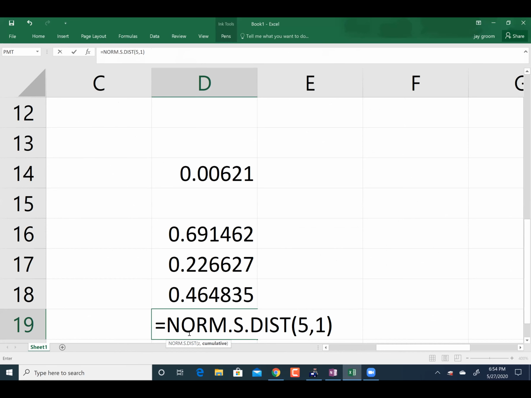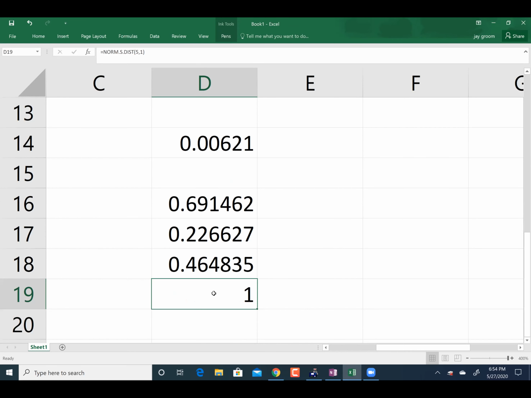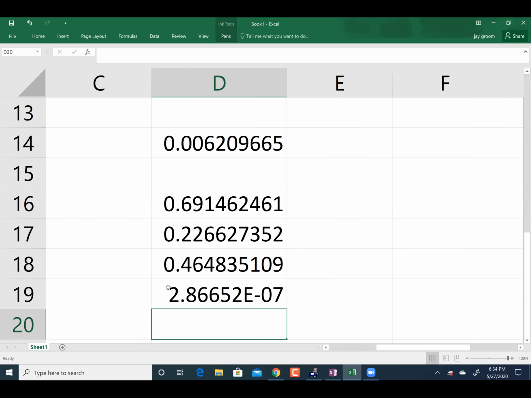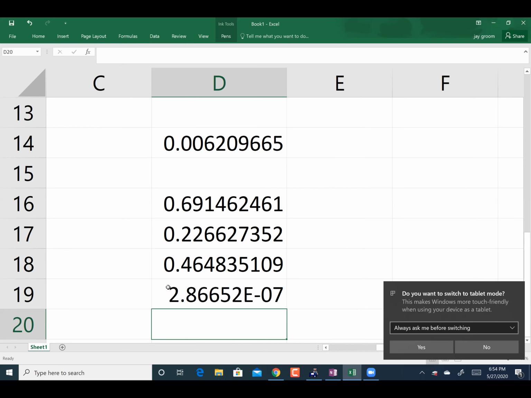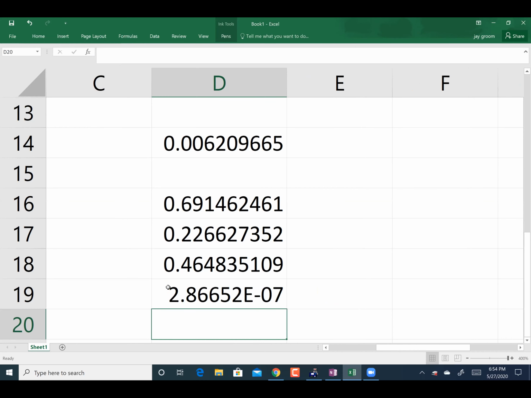And of course, Betsy's going to say it's 100%, which it is 100%, but it's 100% from there down to -infinity. So I'm going to put 1 minus. And so there it is. She's not going to lie to me and say it's 0, but for all intents and purposes, it's 0. There is no way that the average is going to be 5 standard deviations bigger than the average. There's no way that's ever going to happen, okay?